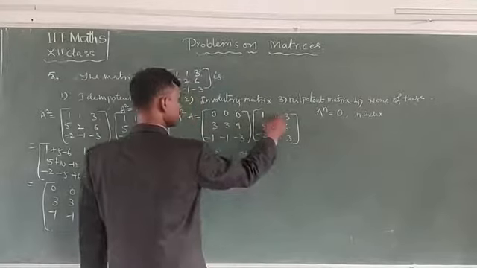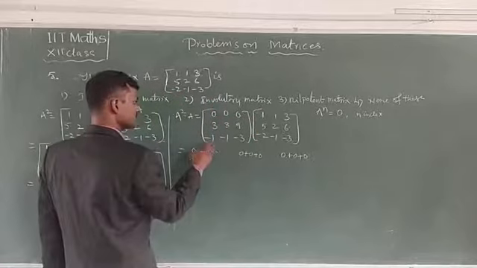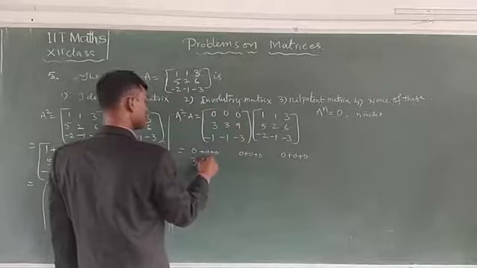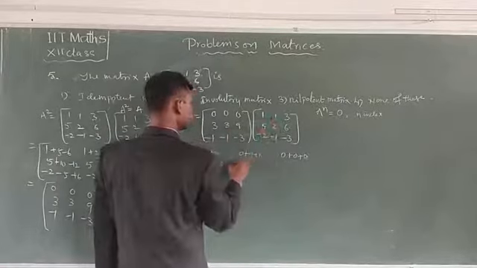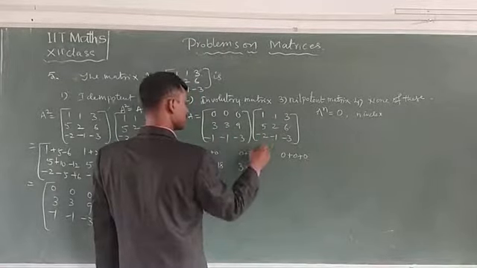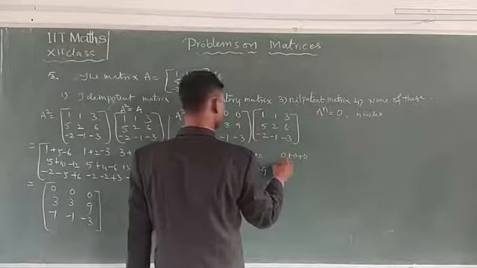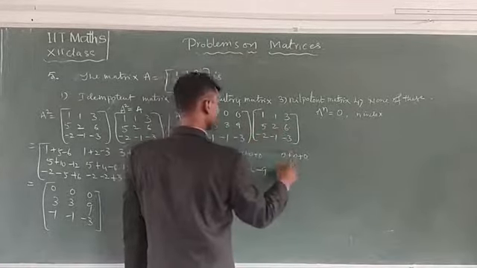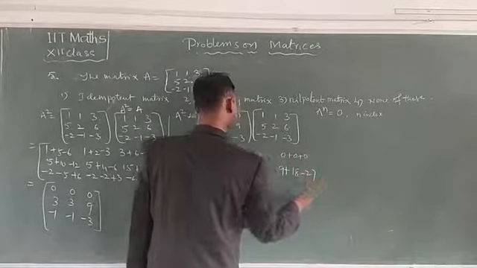Okay, this is also 0. Now this is 3 1s are 3, 3 5s are 15, 9 2s are 18. Next 3 1s are 3, 3 2s are 6, 9 1s are minus 9. Next 3 3s are 9, 3 into 6, 18, 9 3s are 27.